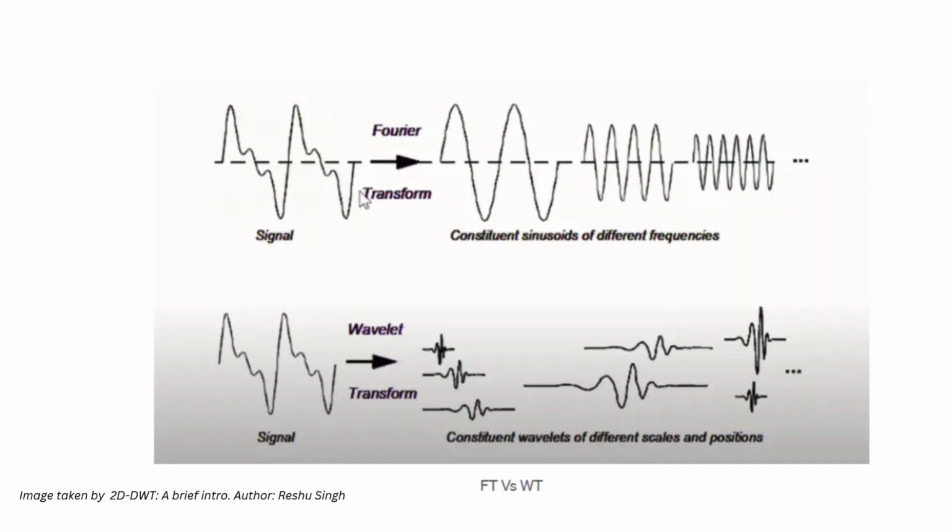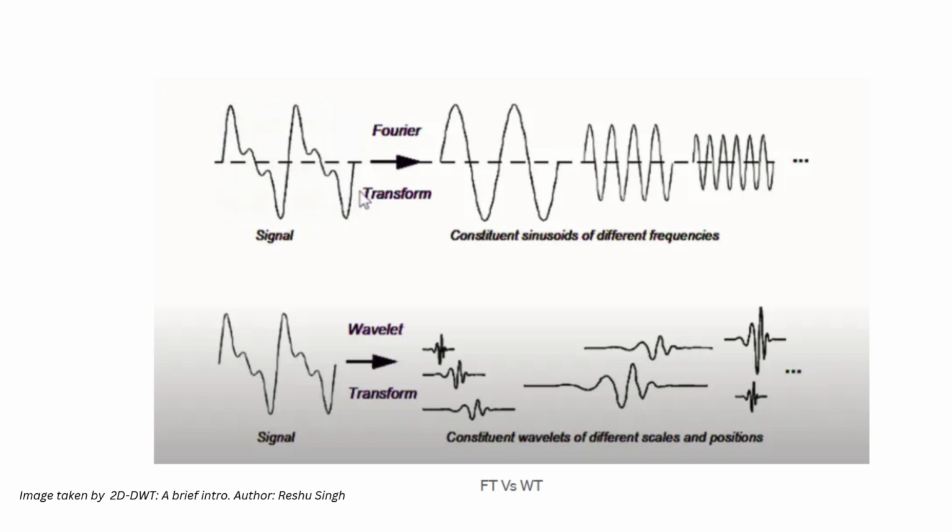In summary, we've explored how the wavelet transform overcomes the limitations of the Fourier transform by providing both time and frequency information for analyzing non-stationary signals. Unlike the infinite and periodic sine waves used in Fourier analysis, wavelets are short-lived oscillations localized in time, making them ideal for capturing how a signal's frequency content evolves.